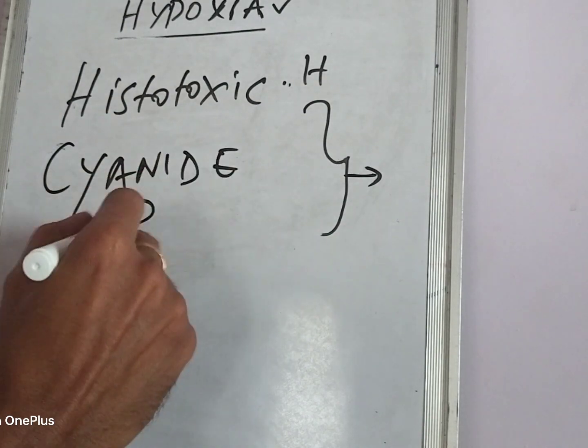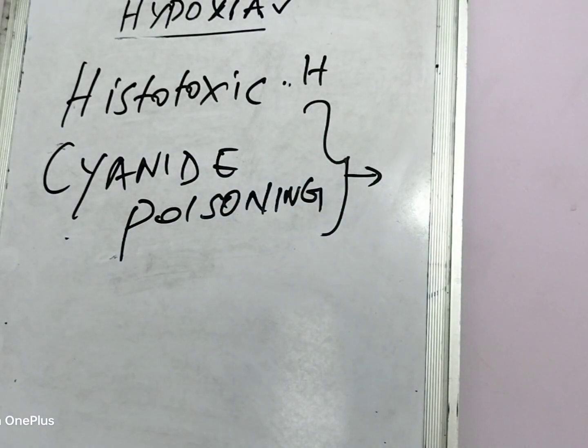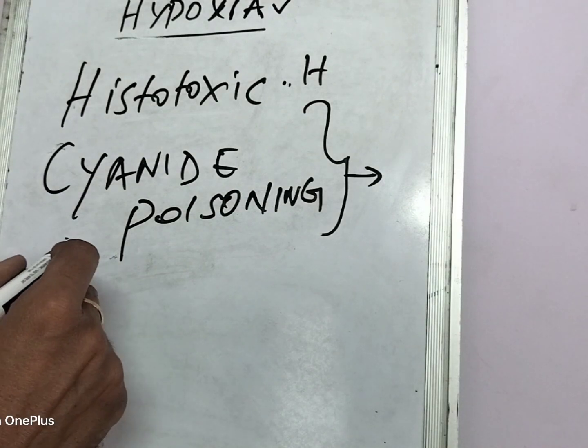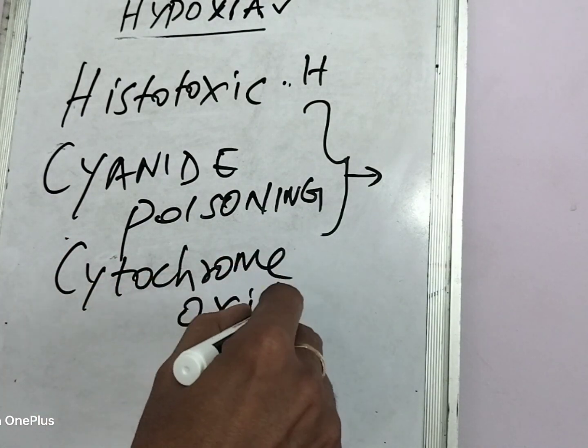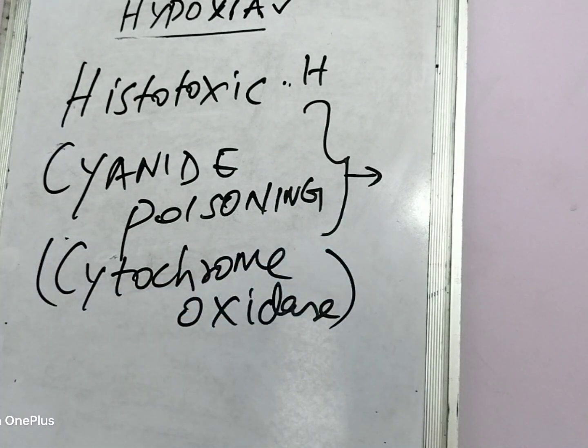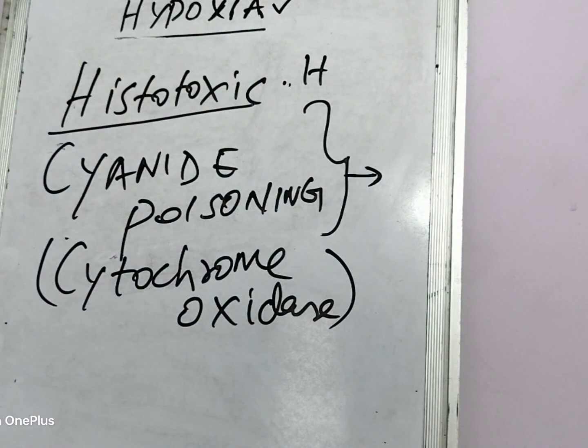So in cyanide poison, the cellular oxidative enzymes are blocked. A good example is cytochrome oxidase enzyme, whose action is blocked. This leads to a hypoxia that is called histotoxic hypoxia. Here it is mainly due to the poisoning of the tissues, and an example is cyanide poisoning.